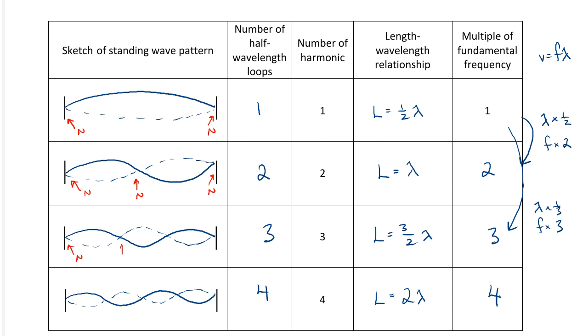So all of these points in the pattern are nodes, and we add one more node each time, and it's always, in this case, one greater than the number of the harmonic. And we also have antinodes that are here in between each of the nodes. And I won't go back and label all of them, but you can see that that's the pattern.